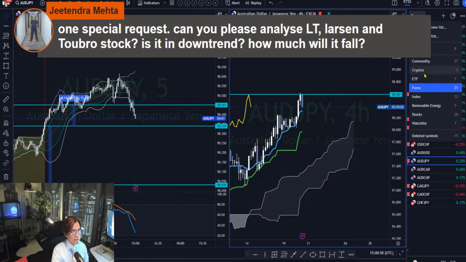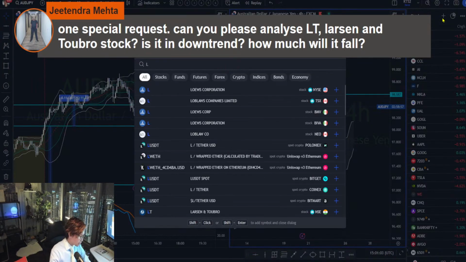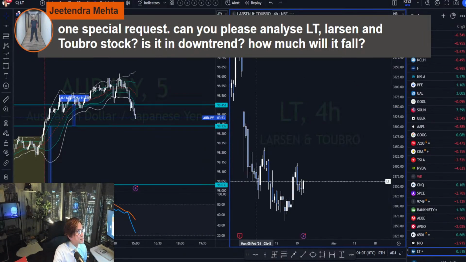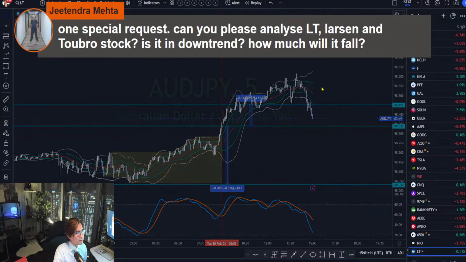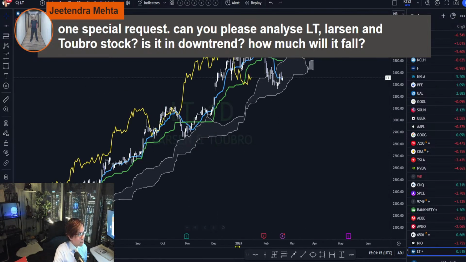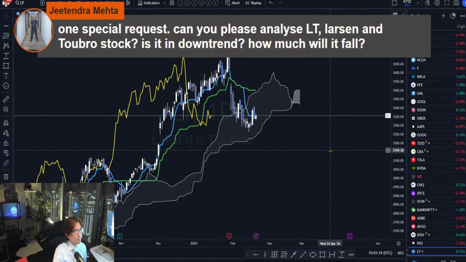Okay, LT, let me see. Okay, this one. Let me just put this in one screen. In terms of the daily time frame, this is not a downtrend. This is a range.